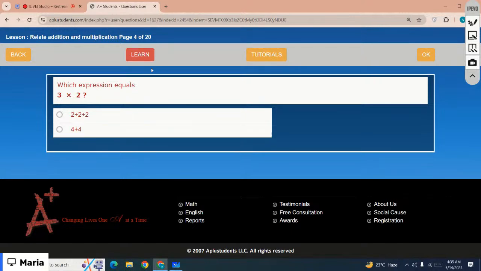That is option number 1. 2 plus 2 plus 2 is the correct option.